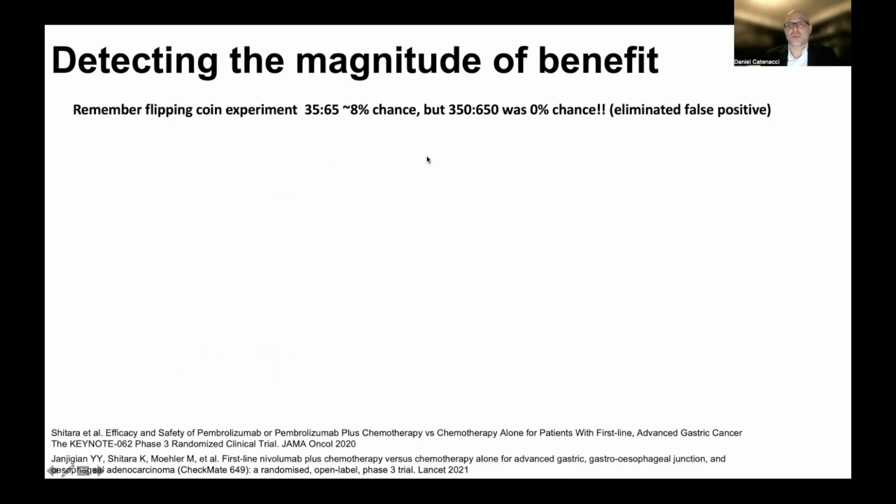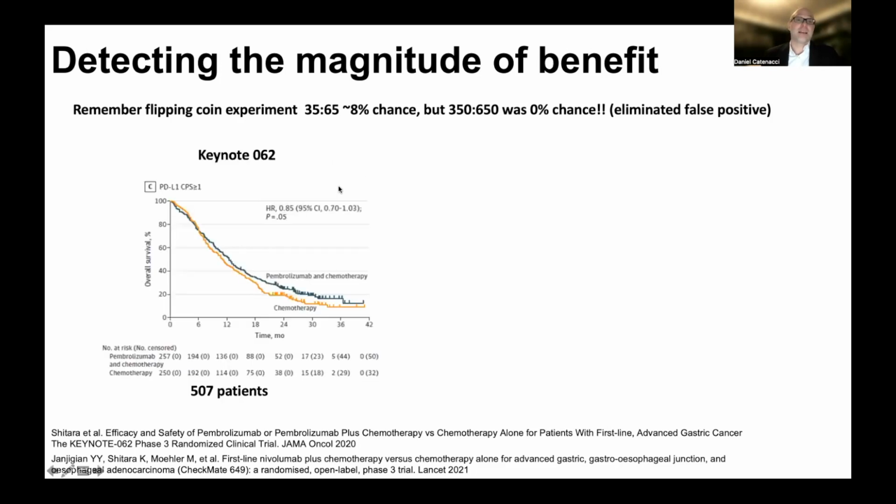But the same is true for eliminating false negative rates. The higher the repetition or the more patients enrolled in a study, the less likely you'll get a false negative rate. And so a classic example is looking at the KEYNOTE-062 study. This was a study in the first-line setting for gastric cancer, looking at chemotherapy with or without pembrolizumab, Keytruda, an immunotherapy checkpoint inhibitor.